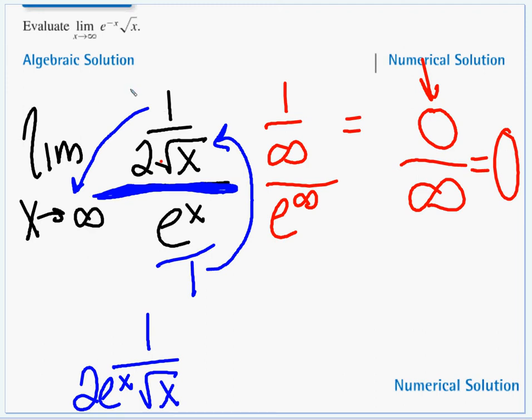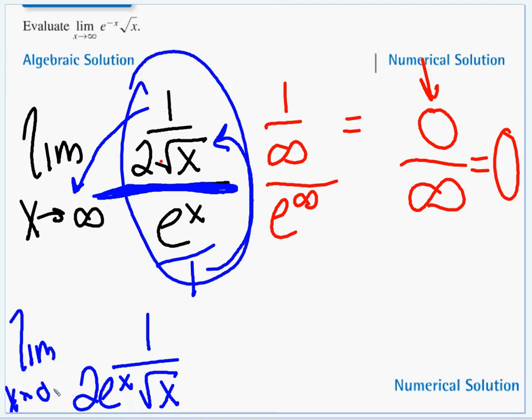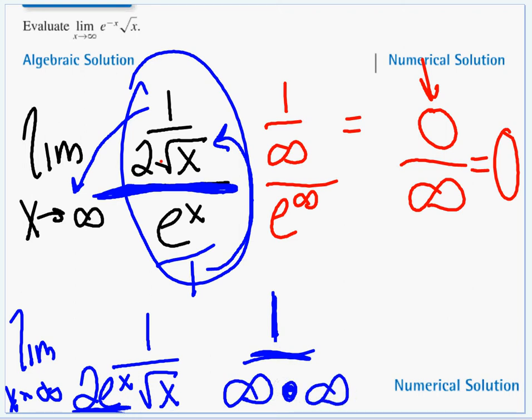So we could just manipulate what we have here into this form, and L'Hopital's rule will still give us a good answer. If we try direct sub, infinity goes in. That's going to be a 1 in the numerator. And then down here, 2e to the x is going to be infinite, times root of x, that's also infinite. So that would be an infinite denominator. 1 over infinity is the same thing as 0 over infinity.